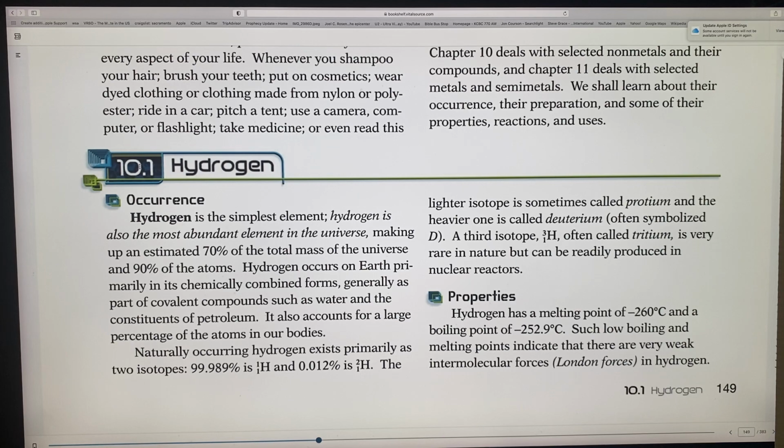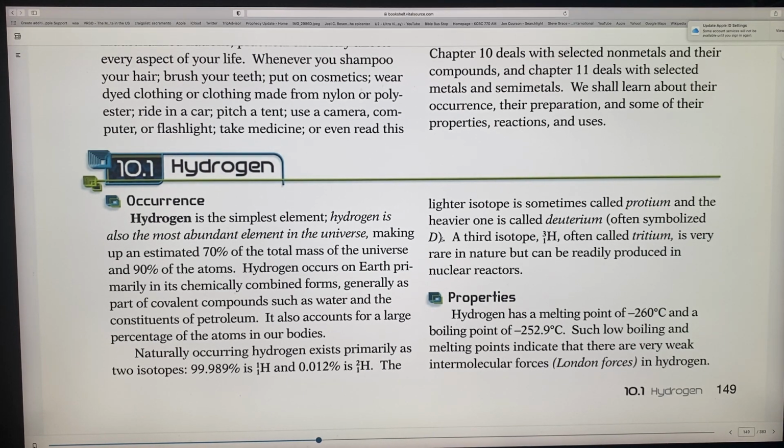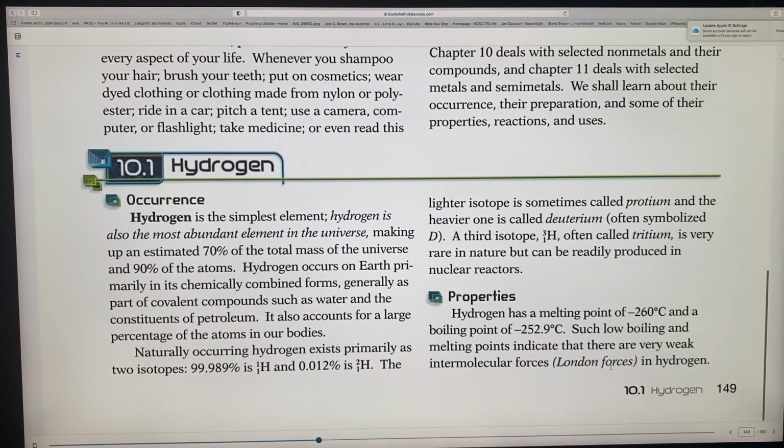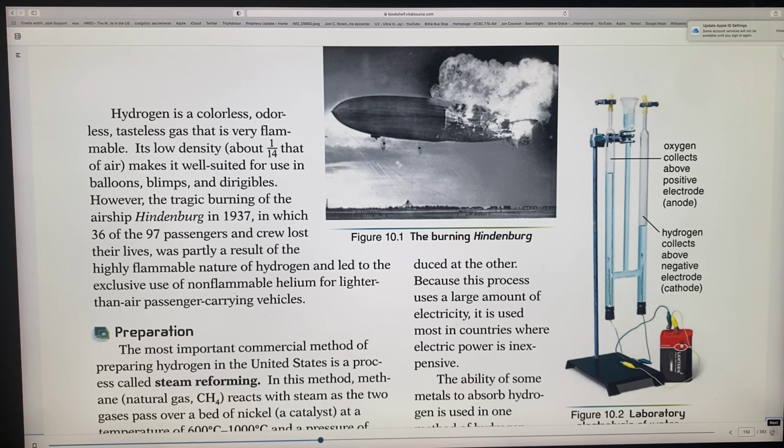Well, let's talk about some of the properties of hydrogen. So hydrogen's melting point is negative 260 degrees centigrade, and its boiling point is negative 252 centigrade.